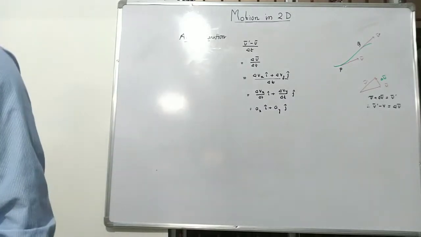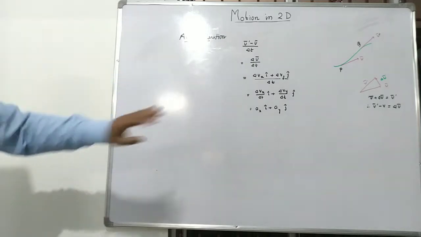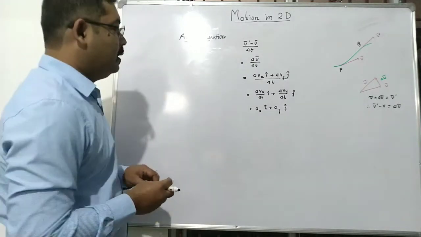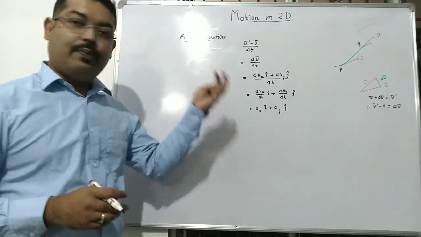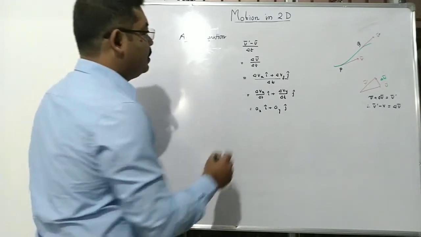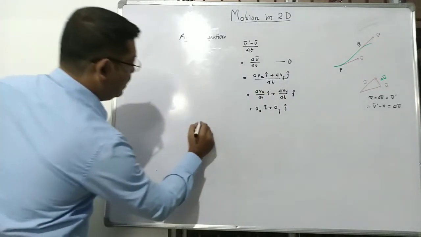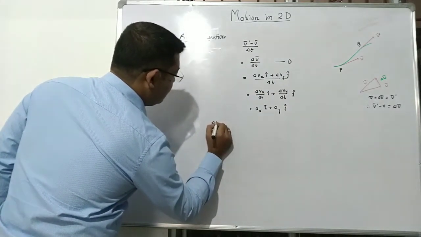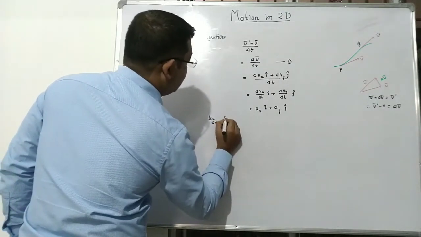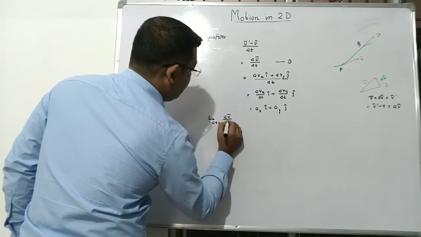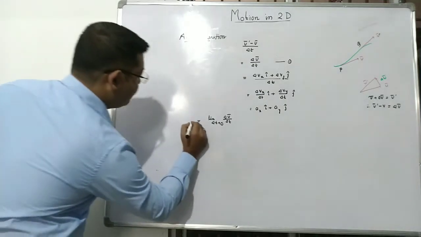So even the acceleration can be expressed in terms of two components, as was the case with the other quantities like the position and the velocity. Now if we consider this expression and take the limiting case where delta t tends to 0, delta V by delta t by definition gives the instantaneous acceleration.